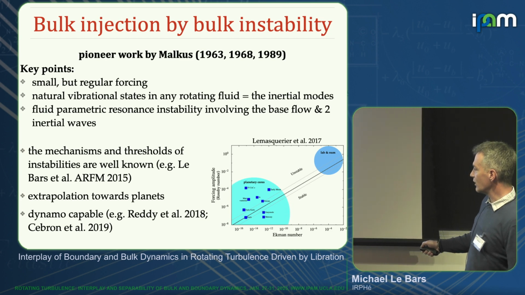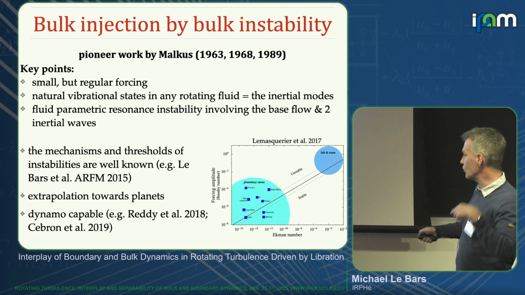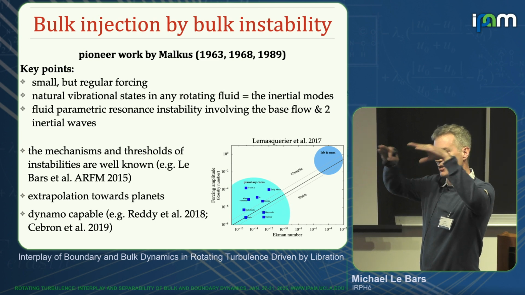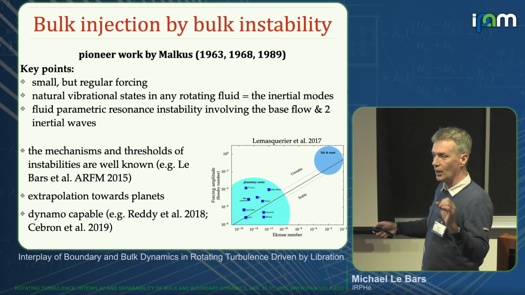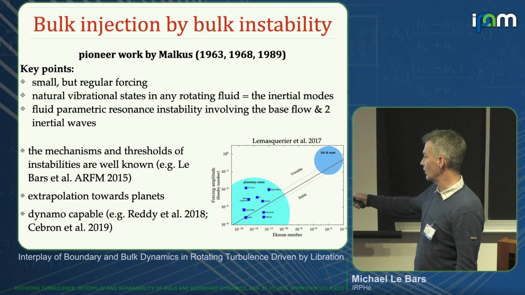So we have a threshold: the Rossby number of the perturbation must be larger than the square root of the Ekman number. The square root of the Ekman number is just the viscous dissipation at the boundaries, and the Rossby number is just the amplitude of the forcing. As soon as the Rossby number is large enough, you excite this type of triadic resonance.